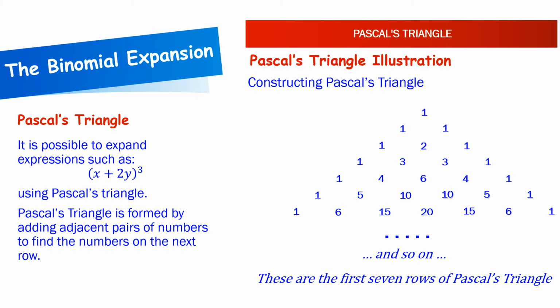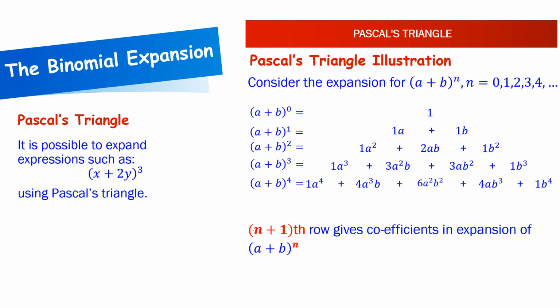And so on. These are the first 7 rows of Pascal's triangle. The n plus 1th row gives coefficients in the expansion of a plus b all raised to the power n.